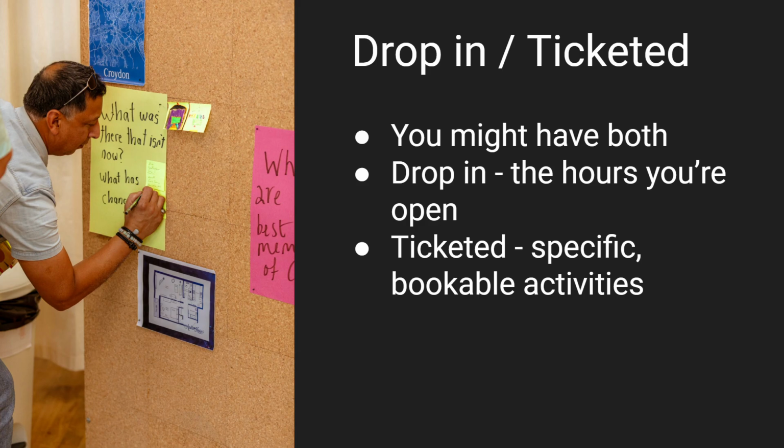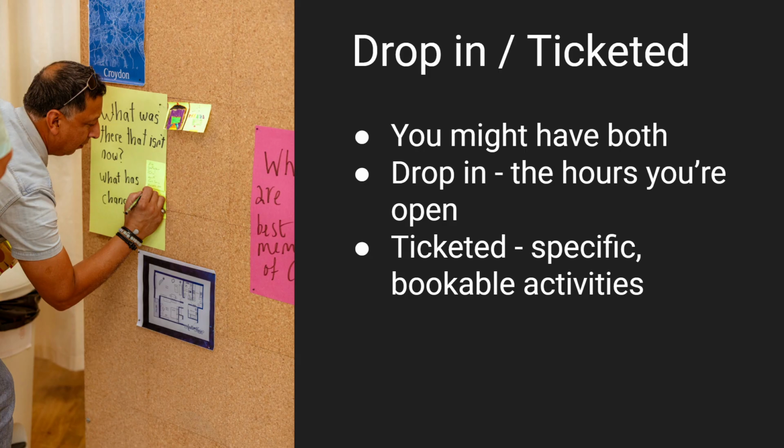And then lastly, on activities, the same building might have both types of activities. So say for example, I'm opening a building all day from 9 to 5, and I'm happy for visitors to come at any point between that time. So I'd set that up as a drop-in event. But then at various points during the day, I'm going to have, say, a guided tour that will last for an hour and a half, and I know I can only accommodate 15 people on that.